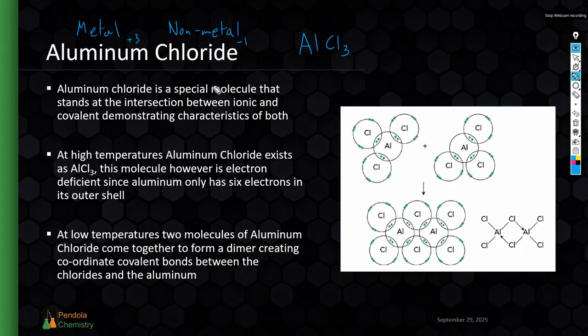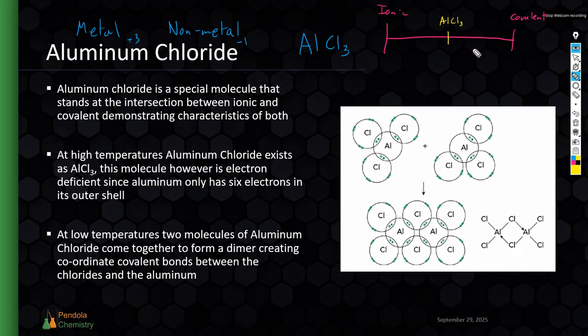Going back to what we said about a spectrum of bonding, aluminum chloride actually falls smack in the middle of this spectrum of covalent versus ionic. So even though we would expect this to be ionic, aluminum chloride falls somewhere here in the middle of this spectrum.